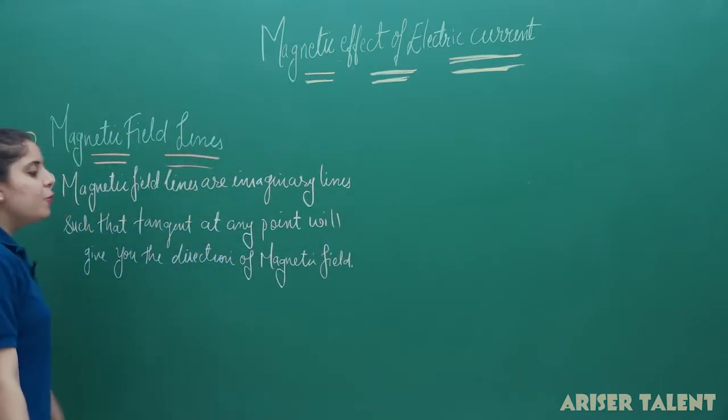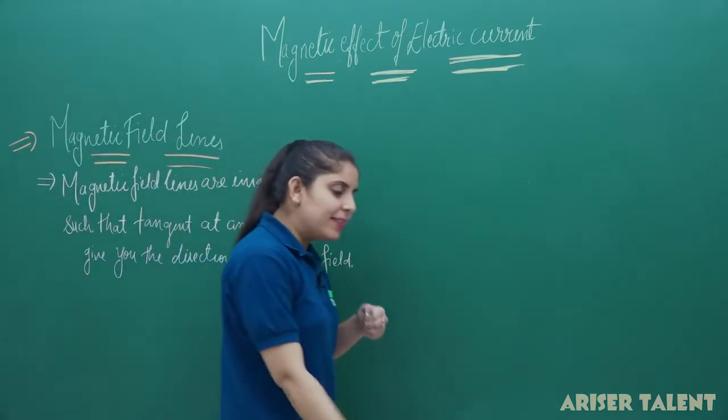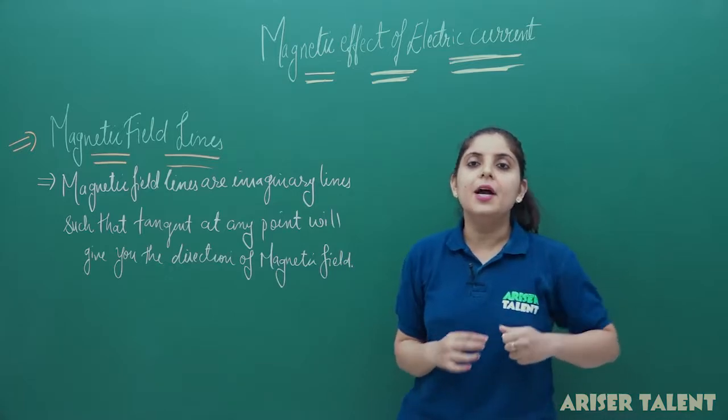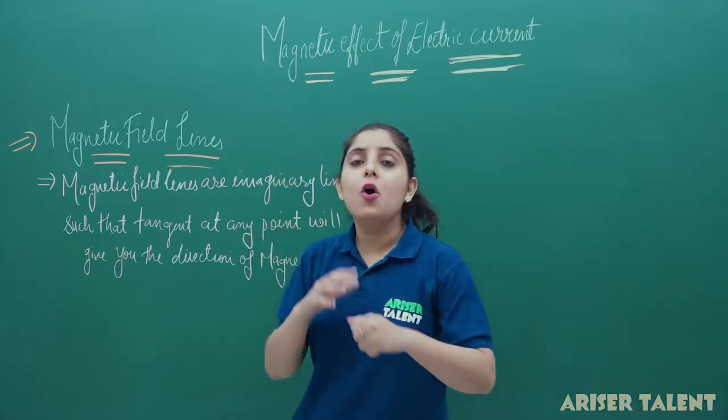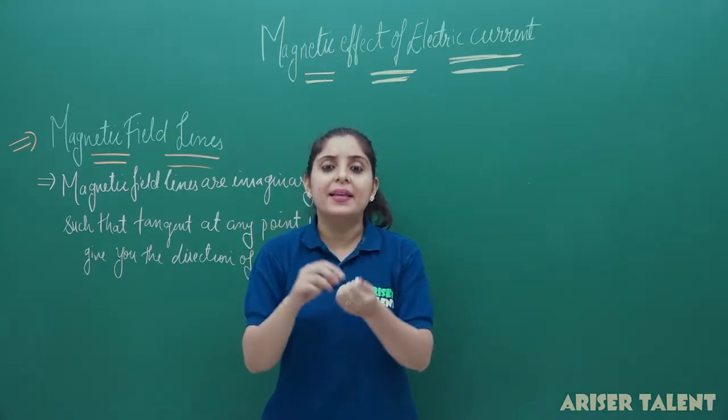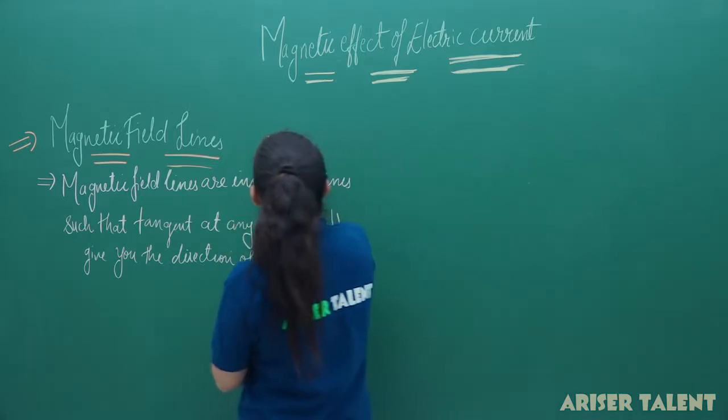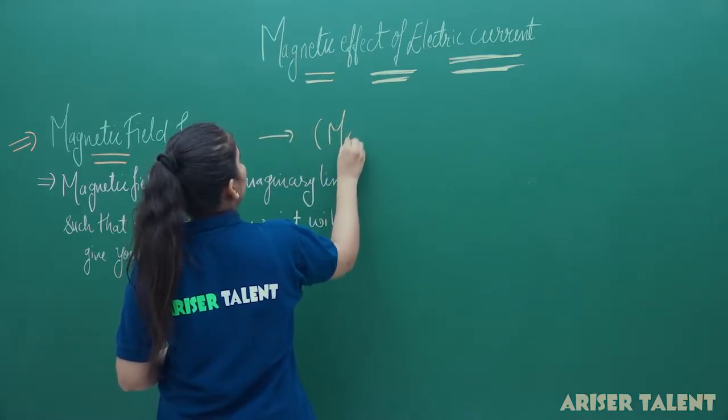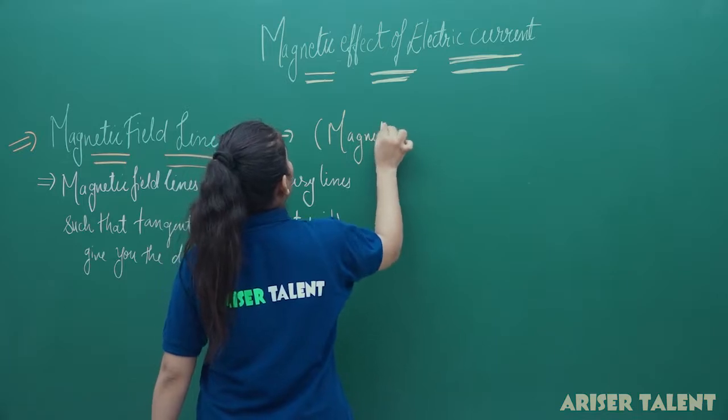Whenever you draw a tangent there, you will get the direction of the magnetic field there. Magnetic field lines are also known as magnetic lines of force.